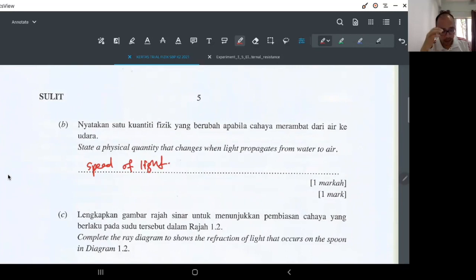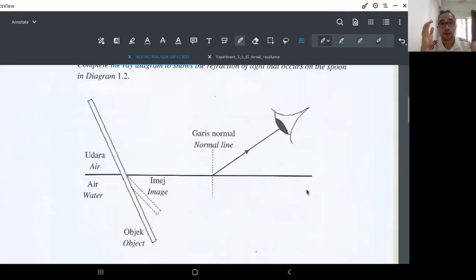Now complete the ray diagram to show the refraction of light that occurs on the spoon in diagram 1.2. So what you will want to do, of course, the first thing you notice is that there is a straight line, and it's going straight to the eye. So the first thing you want to do is to draw a dotted line following the straight line until it touches the image.